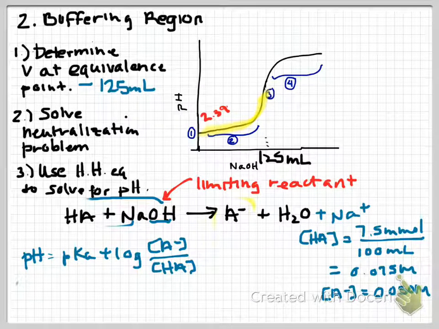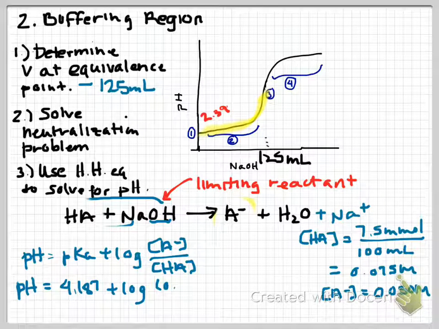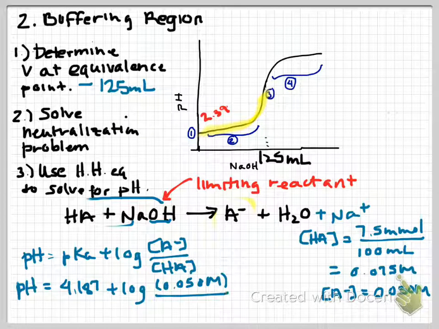The pKa is equal to 4.187. That's from the Ka, taking the negative log of the Ka value, plus the log of 0.050 molar over 0.075 molar.